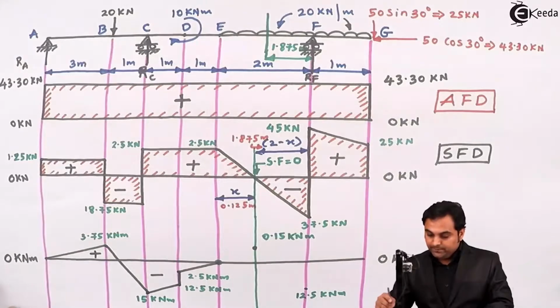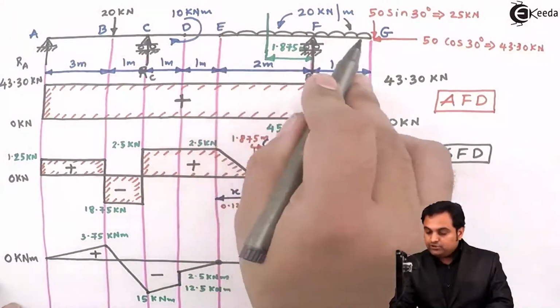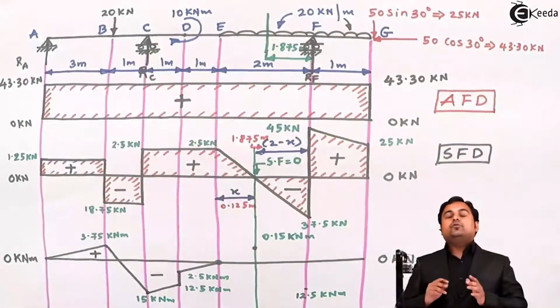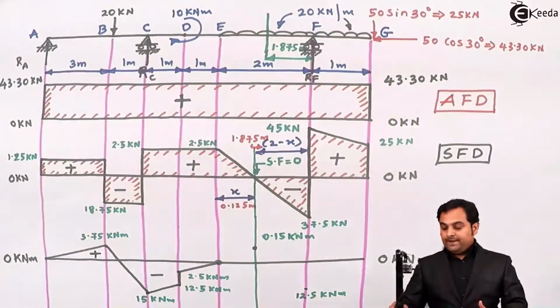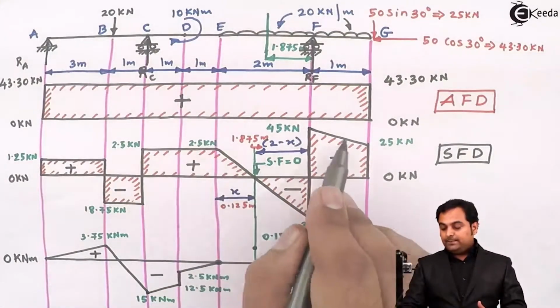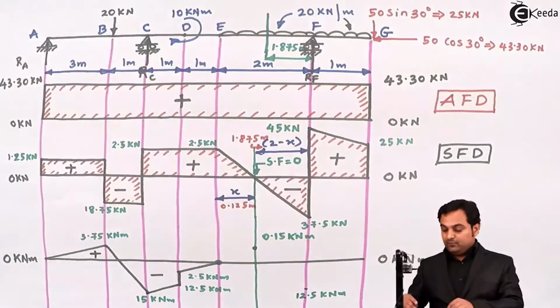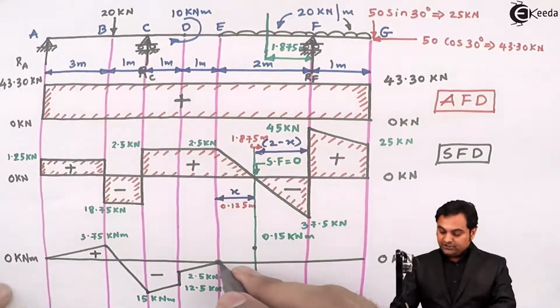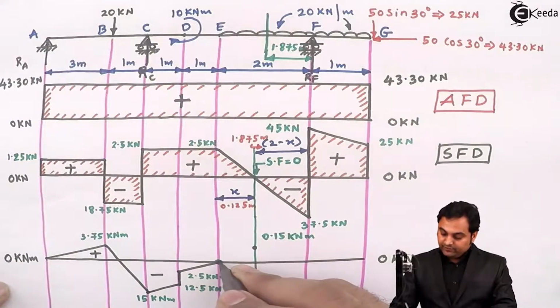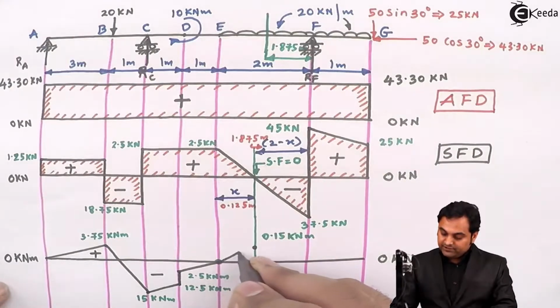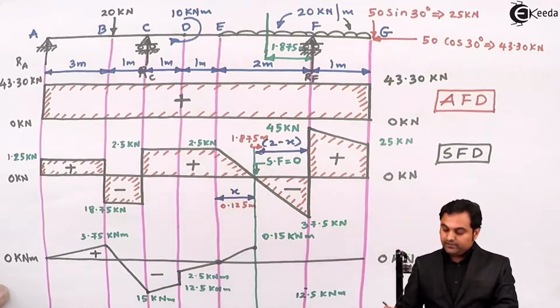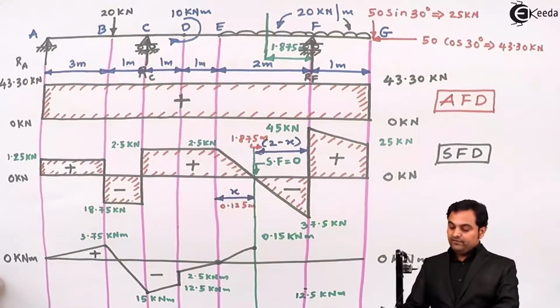Now I have to join them. From E to G there is UDL. So whenever there is UDL, shear force is an inclined line, bending moment will be parabola. So from point 0, that is point E internal hinge, there will be parabola of increasing order. It will reach maximum value up to 0.15.